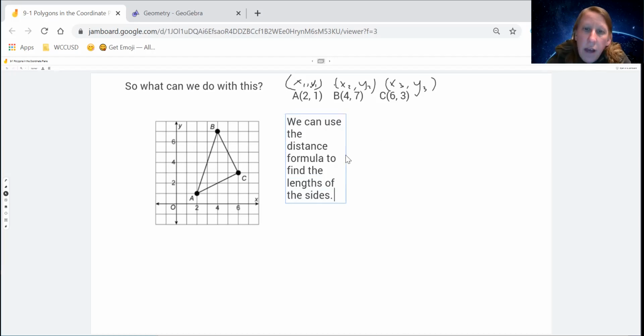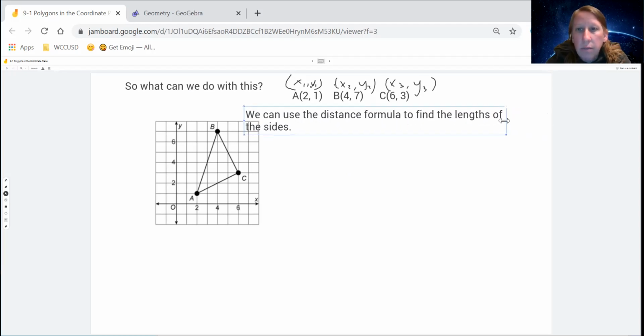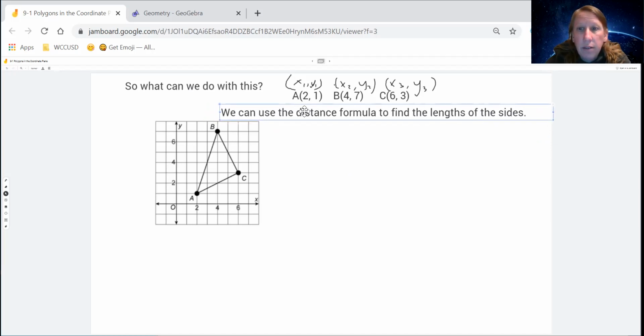Okay, and once we have that, maybe we could calculate the perimeter. Maybe if we know the lengths of the sides, we could calculate the area. So let's just do this one first. We haven't done distance formula in a while.